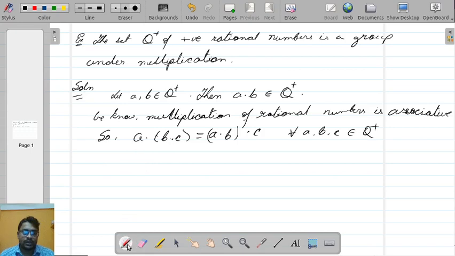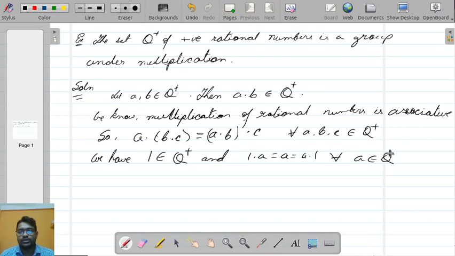If we multiply 1 with any other number, we get that number itself. 1 is a positive rational number, so 1 belongs to Q plus, and 1 into A equals A into 1 for all A inside Q plus. So 1 is the identity in Q plus.